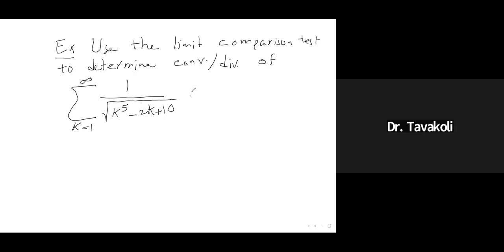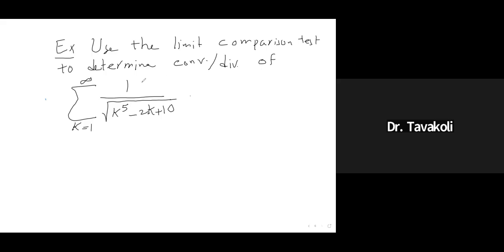So we compare it limit-wise. Of course, I'm using the limit comparison test. Under the radical, I have k to the 5 minus 2k plus 10. Since for the convergence or divergence of series, it matters for large k's, we can ignore minus 2k plus 10 to obtain this series.